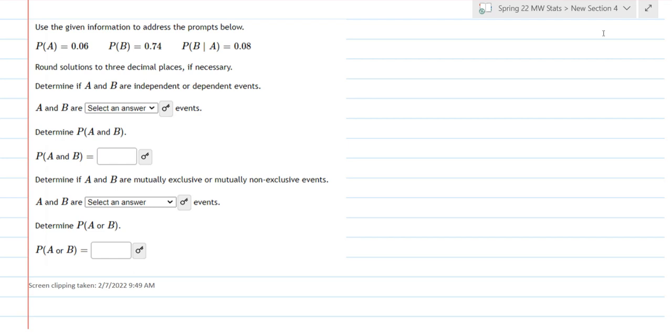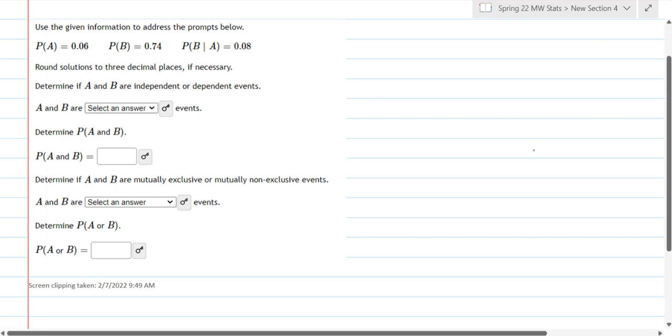Okay, so we have our given probabilities. So first one, determine if A and B are independent or dependent. So remember, for independent, the probabilities would need to be equal. What we're given for the given is with the A here at the end. So you're going to do probability of A, is it equal to the probability of B given A?